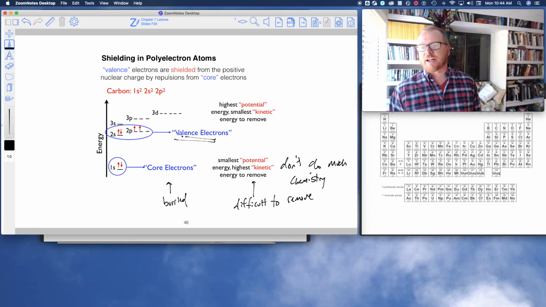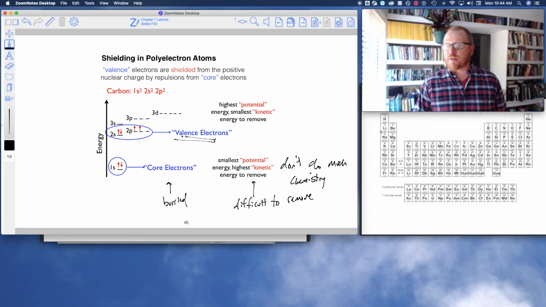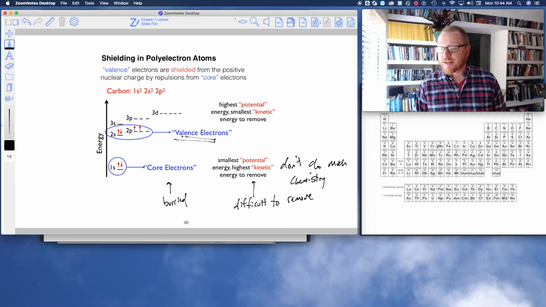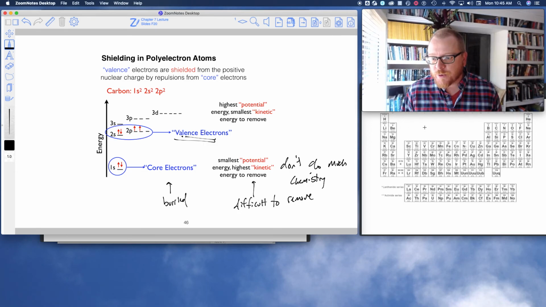So now with the valence electrons, and for any atom, the valence electrons make up whatever its row is, okay? So for example, carbon is 2s2, 2p2 valence electrons. Nitrogen would be 2s2, 2p3. Oxygen would be 2s2, 2p4. But now what about calcium?